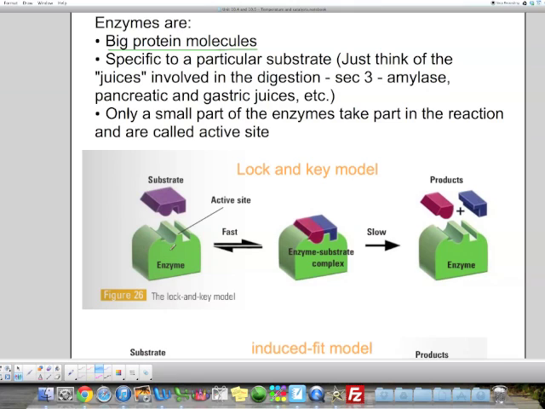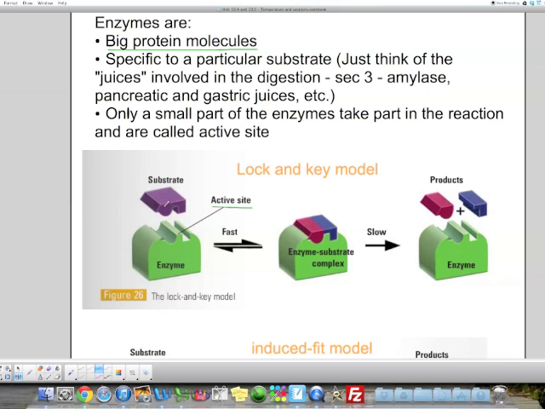It latches onto the enzyme. We call, by the way, the part where it latches on the active site. So it's only a very small part of the enzyme that actually does the job. So that enzyme breaks this molecule apart into two parts, which are easier to absorb by your system. And we call these at this point nutrients. So that's the first model, the lock and key.